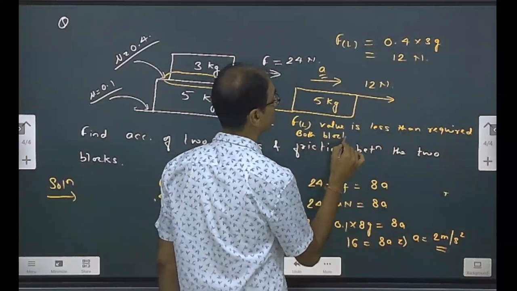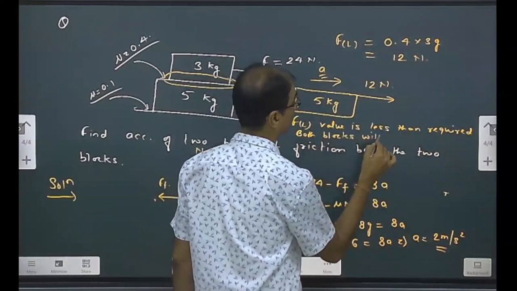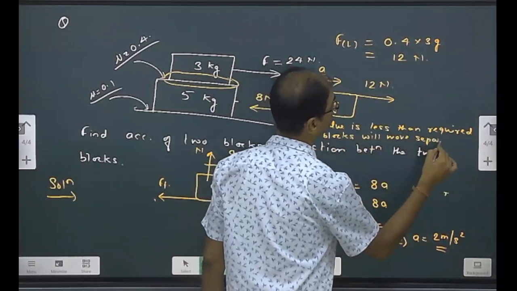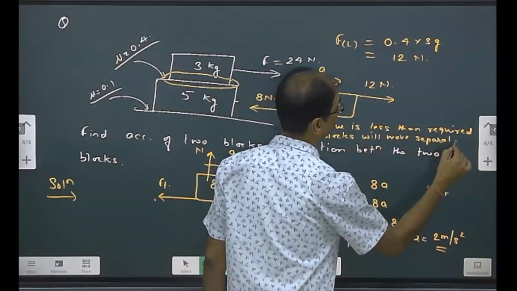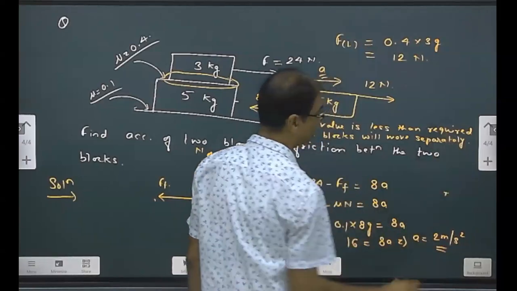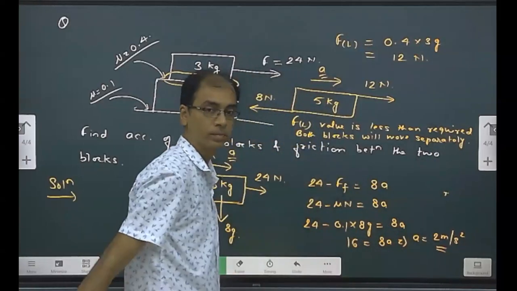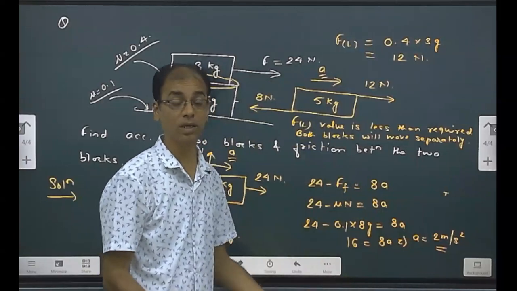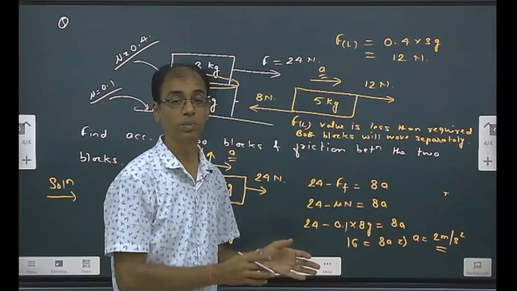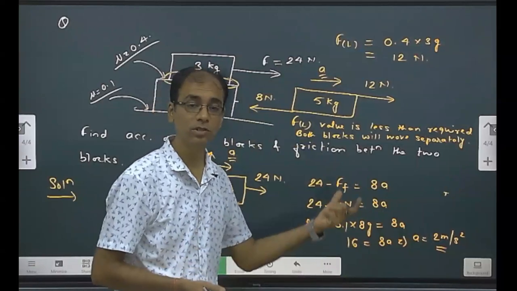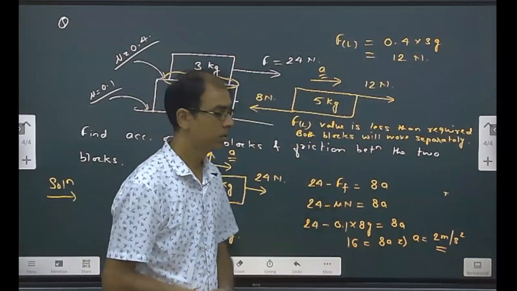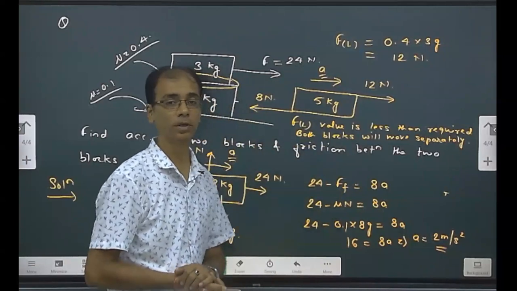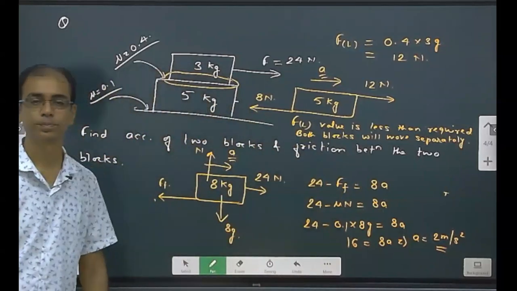Now we have to calculate their accelerations separately. Why did we do this? Just to check whether they are going to move separately or together. This is just the check. So first note this, then we will calculate acceleration separately.